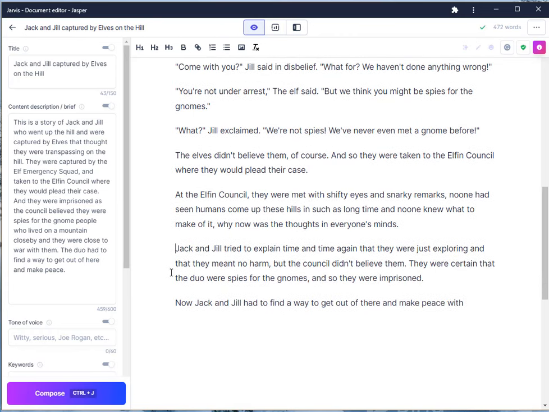So here's the thing. You have to direct where you want Jasper to go. In this case, it just wrote descriptively what happened within the case.